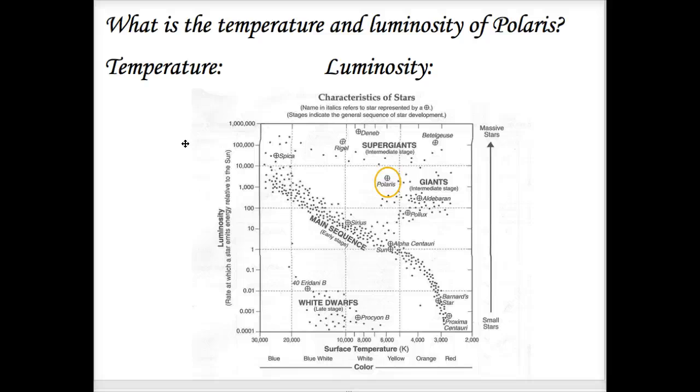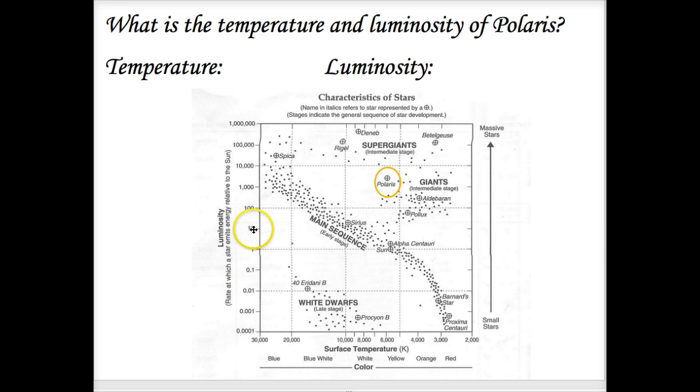Now we can use the chart to compare the sun to other stars, and we're going to use Polaris to begin. So what's the temperature and luminosity of Polaris? Be careful, because this scale over here is logarithmic. It doesn't always go up the same units.